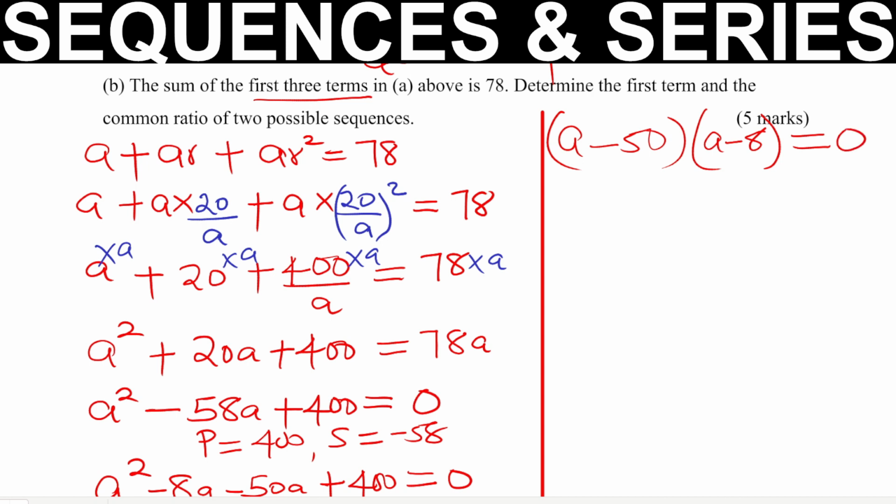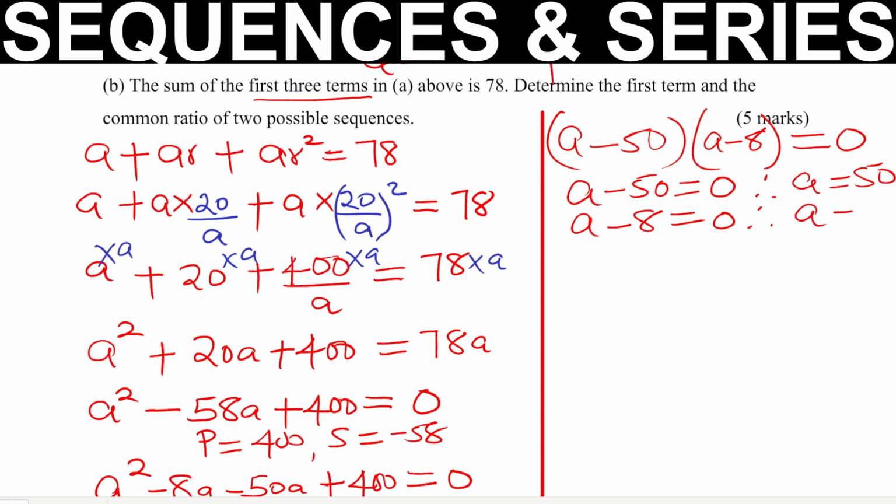You have two solutions for A. A minus 50 is equal to 0. So here you get A as 50, or A minus 8 is equal to 0. This one, A will be 8. So there are two solutions for A. A is 50 and A can also be 8. So that is why you'll have two possible sequences for these.